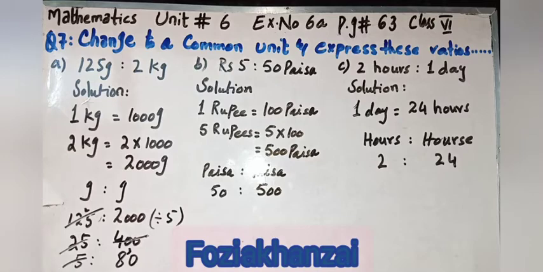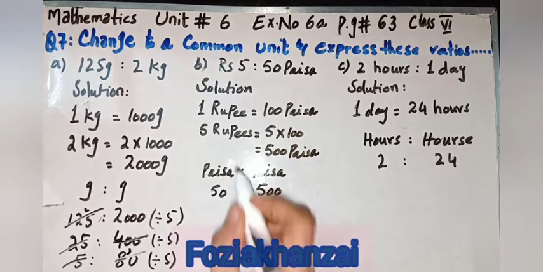Clear? 1 is to 16, it can't be reduced further, so the last step, 1 is to 16 would be the answer of the first part.